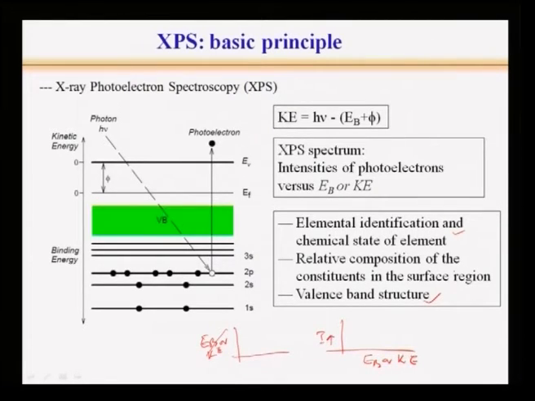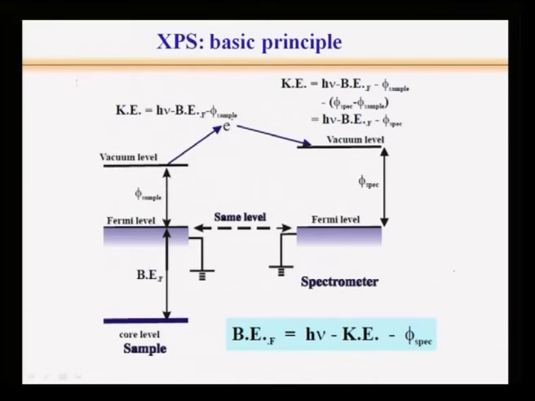All these things are possible. Here the core level electron binding energy goes to the Fermi level, and from the Fermi level, if we apply more energy, that is called phi, it goes to the vacuum level. That's how the spectrometer works: the electron comes to the Fermi level, and the spectrometer detects it. Therefore binding energy is given by this equation.